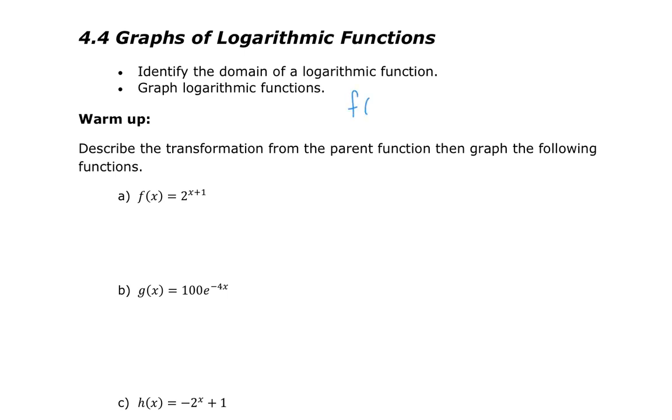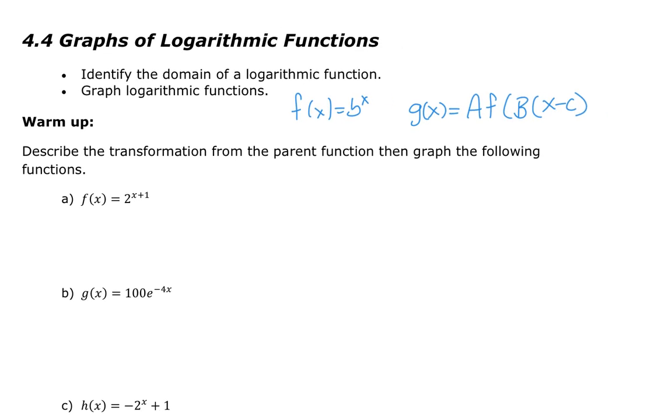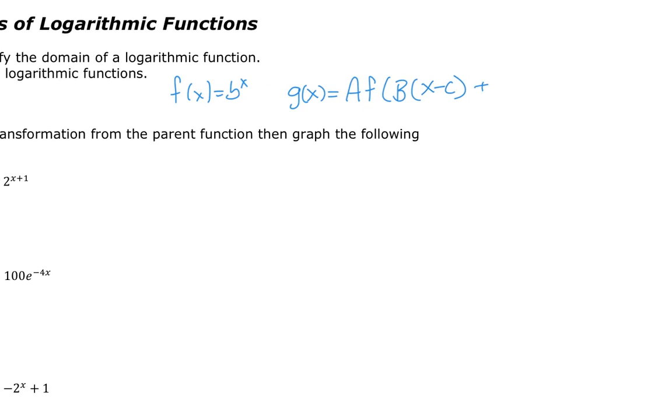If f of x is b to the x, and g of x, which is equal to a f of b x minus c plus d is the transformation, then what g would look like would be something like this: a, lowercase b, uppercase B, x minus c, and then plus d.